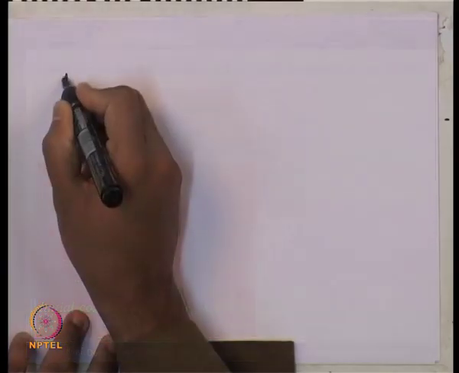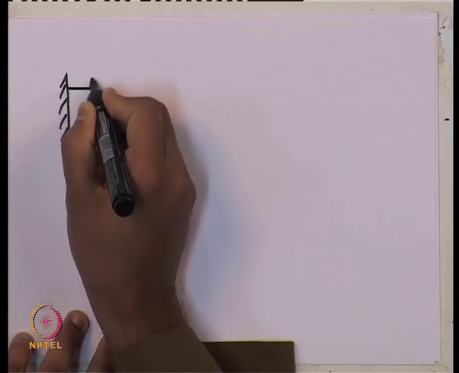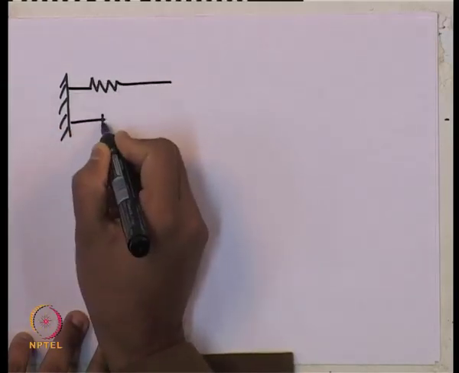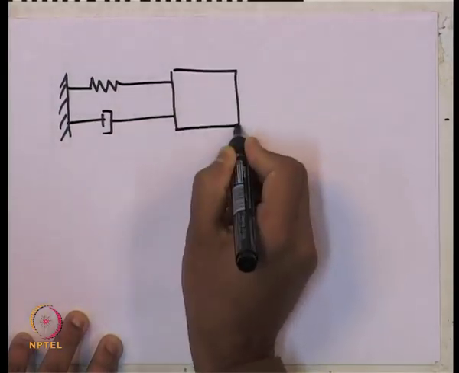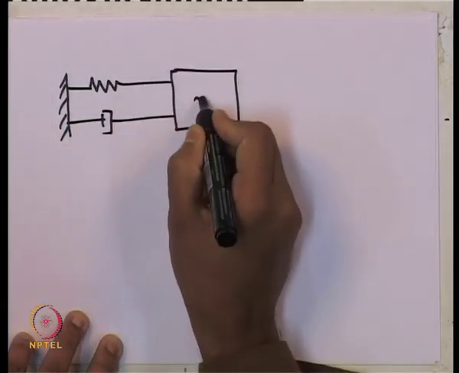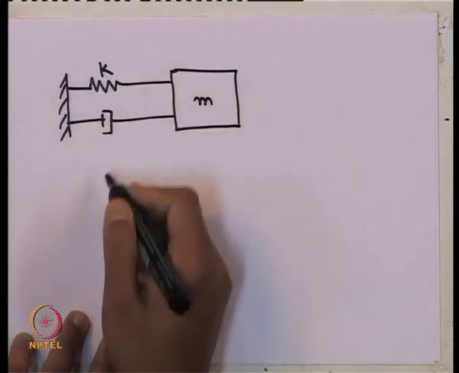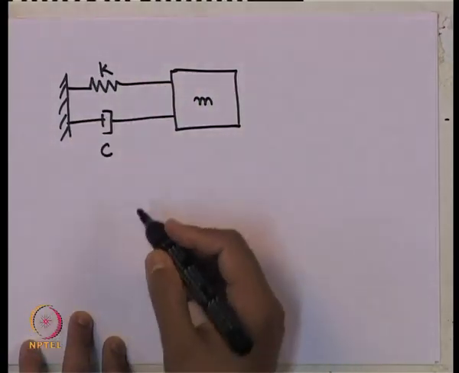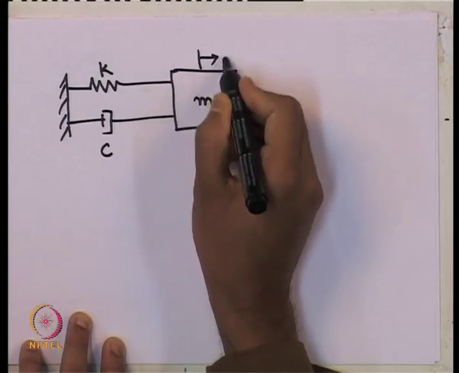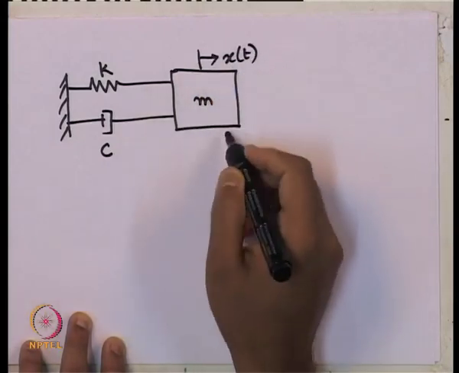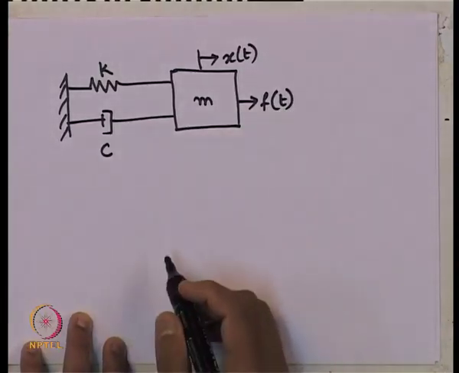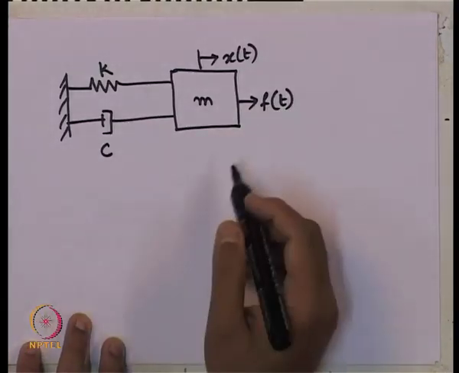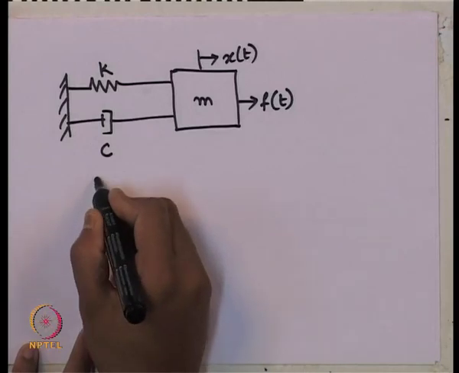drawing the basic system here, a basic single degree of freedom system. With mass m, stiffness k, damper c, we have single degree of freedom x of t, which is subjected to force f of t. Now, f of t is any kind of force.